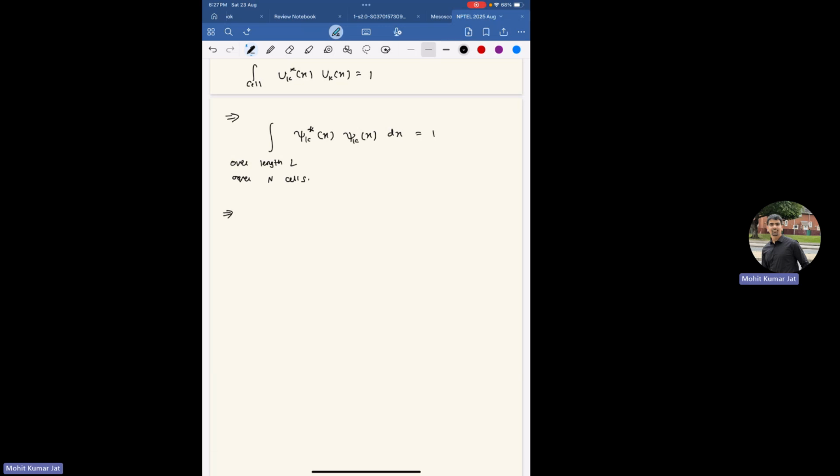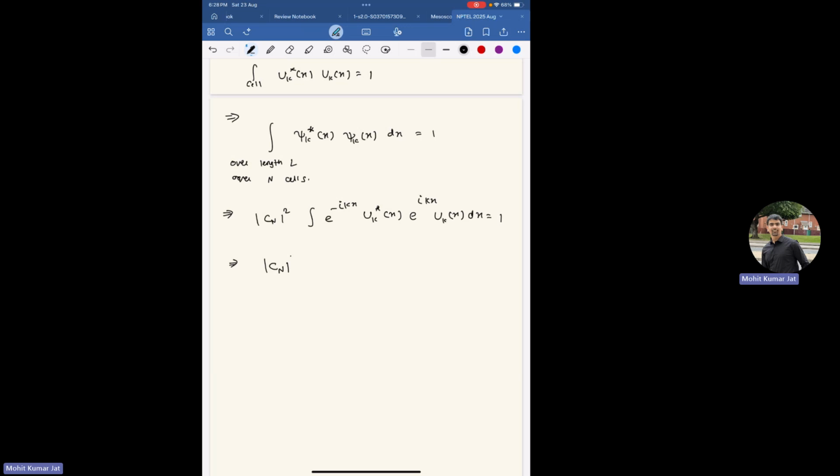What this essentially gives is, let's take a C_n in front, and e to the power minus ikx u_k star(x) e to the power ikx u_k(x) dx equal to 1. So these e^(ikx) factors will cancel each other, and u_k star u_k is essentially 1, right? When you say they are normalized over a cell, over one cell they are 1.